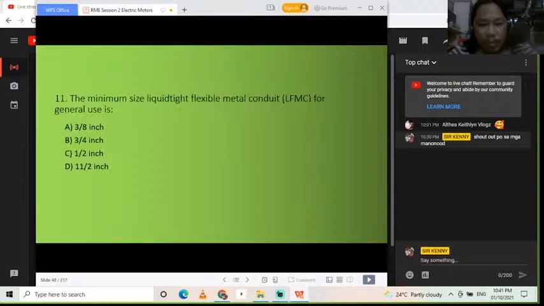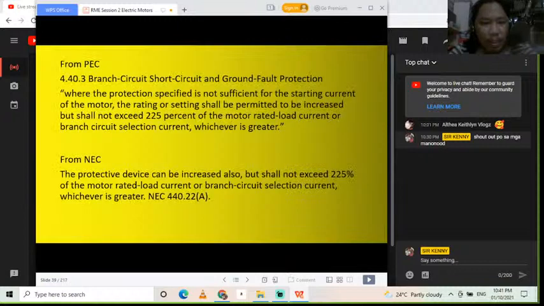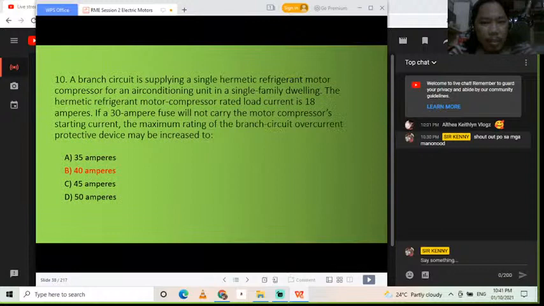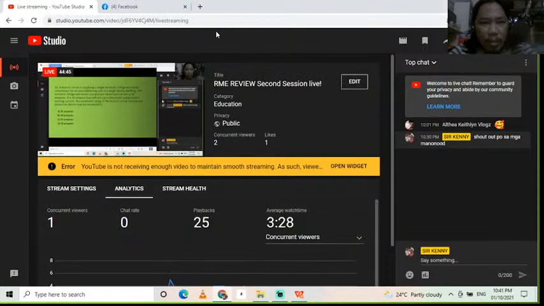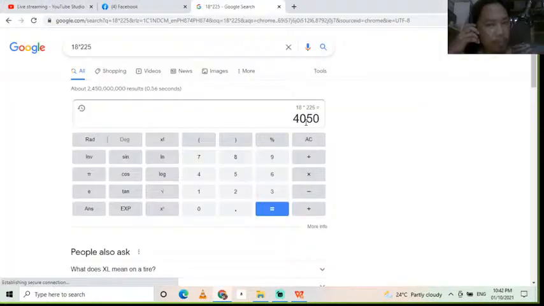So, correct answer natin is 40 amperes. Nawala yung ating computation dito. 40 amperes. So, 18 times, try nga natin. Compute natin ha. 225%, 40.50.